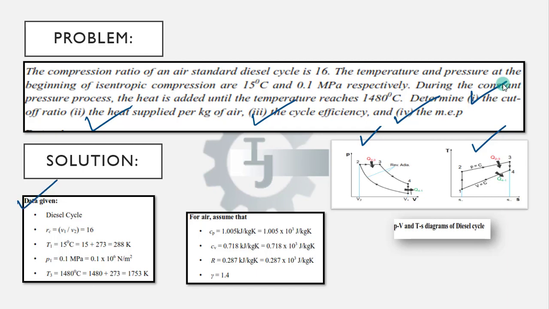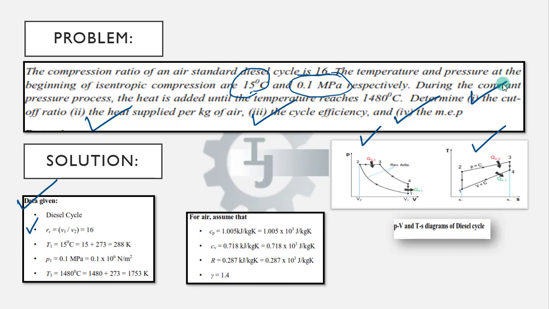So this is a diesel cycle. Here the compression ratio is given as 16. So we write the compression ratio RC equals V1 by V2 equals 16. And the temperature and pressure at the beginning of the isentropic compression are 15 degrees Celsius and 0.1 megapascal.